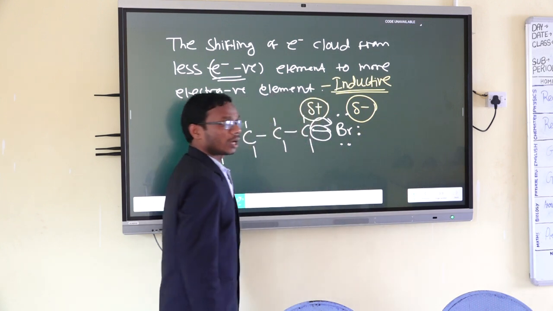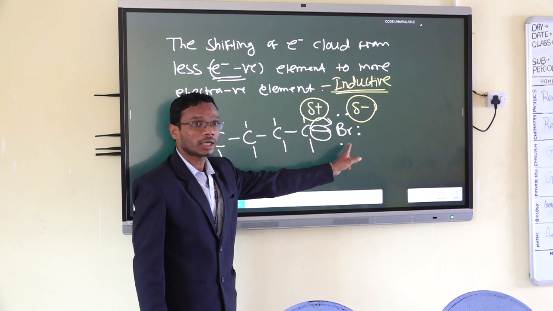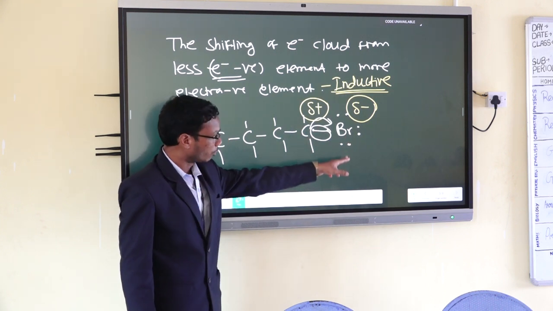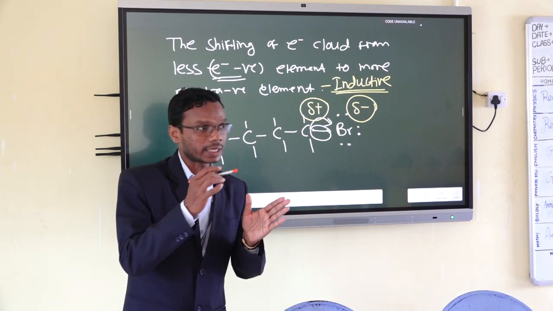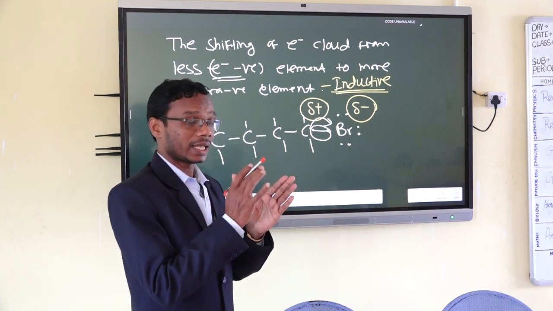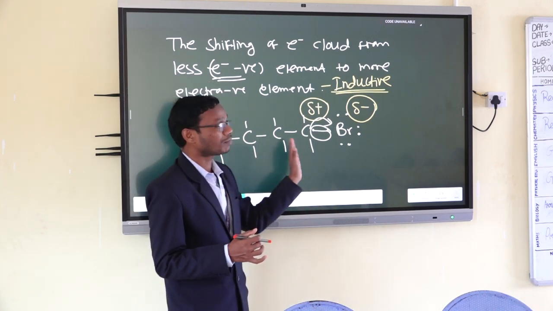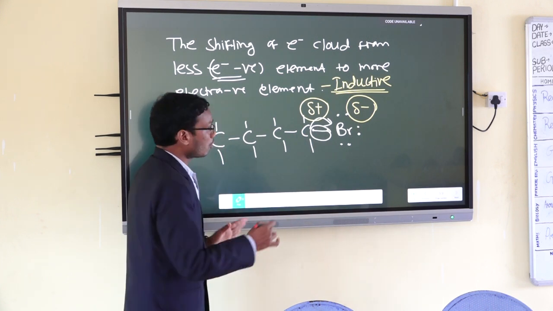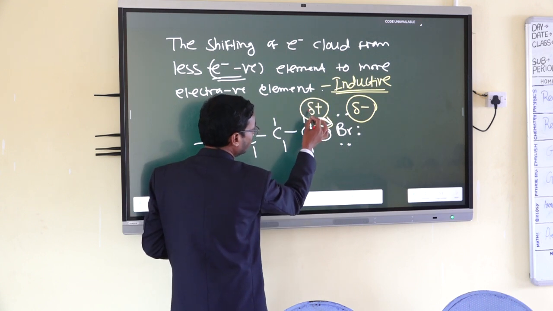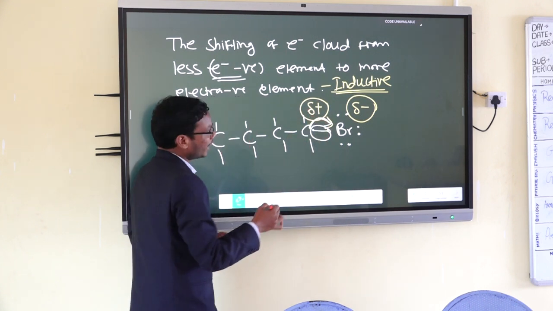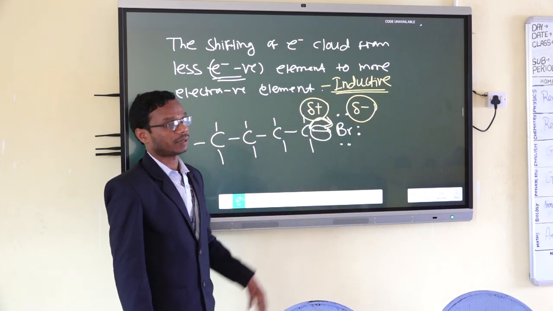There is a partial, not total, positive or negative charge. When we separate NaCl, Na totally becomes positive and Cl totally becomes negative. But in this condition there is a partial charge, because there is only shifting of electron cloud. So this carbon becomes delta positive, and bromine becomes delta negative. This effect is called inductive effect.